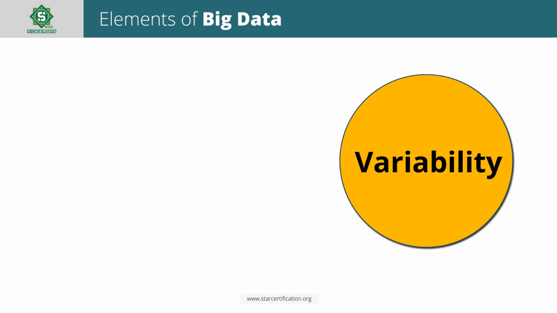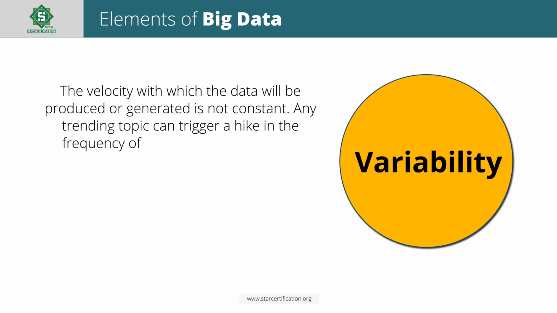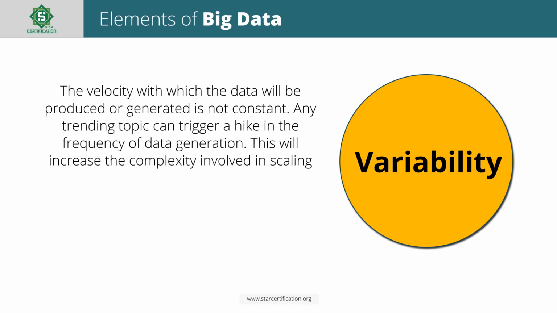Next is the lack of predictability or the variability associated with the flow of data resources. The velocity with which the data will be produced or generated is not constant. Any trending topic can trigger a hike in the frequency of data generation. This will increase the complexity involved in scaling those data resources.